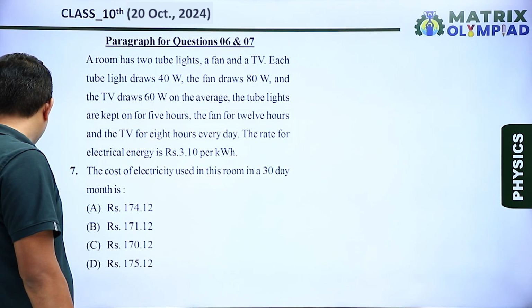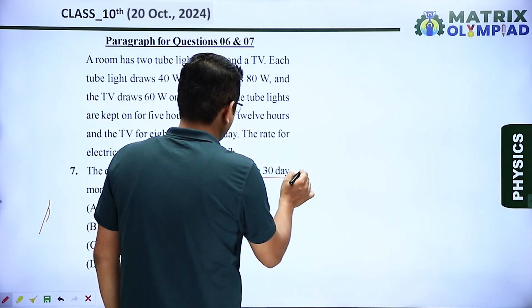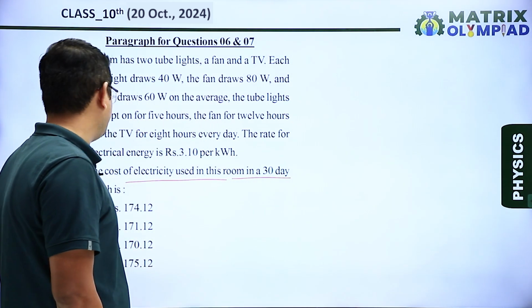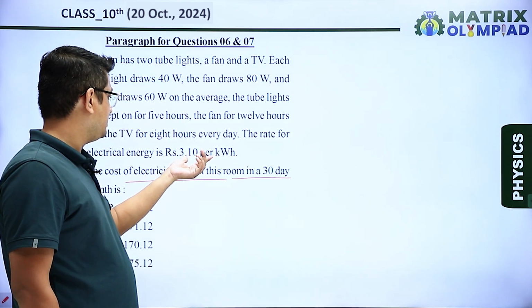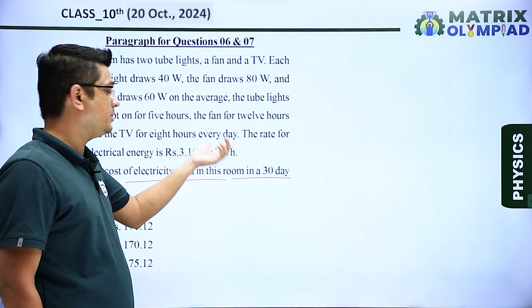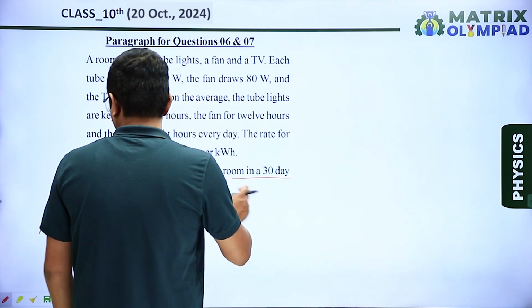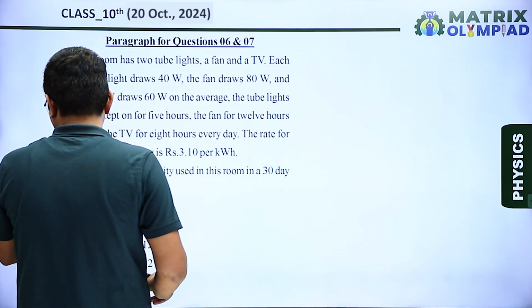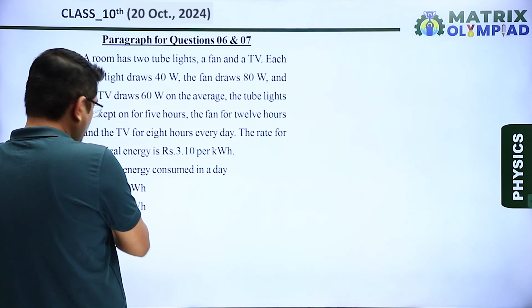Next question, which is based on the same paragraph, and it is said the cost of electricity used in this room in a 30 day month. Okay, so we know that the cost of one unit is 3.10 per kilowatt hour. So we have the value from the previous one, that total energy consumed in a day was 1.84 kilowatt hour.